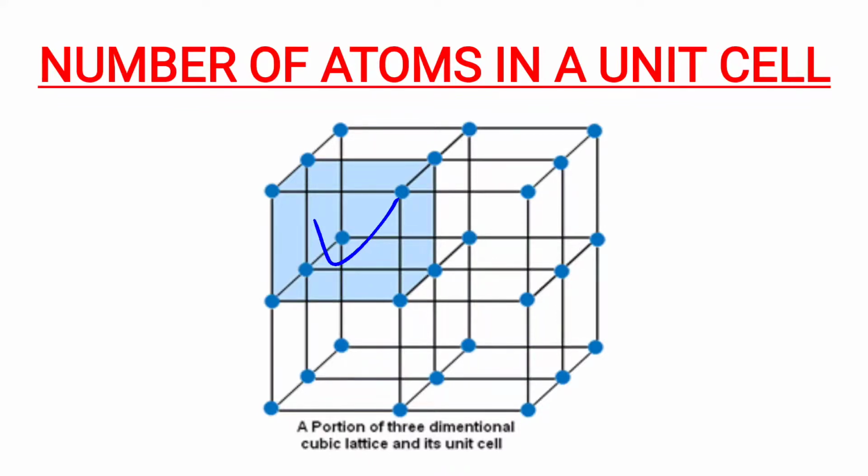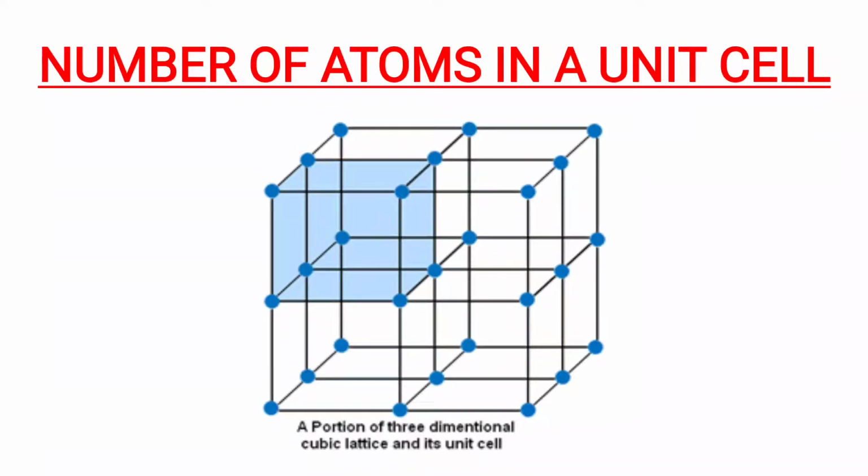But that is not true, because one corner atom is being shared with other unit cells as well. So you cannot say that the whole atom belongs to just the shaded portion of the unit cell, right? It can belong to other unit cells also.